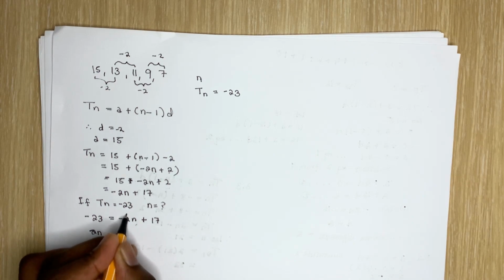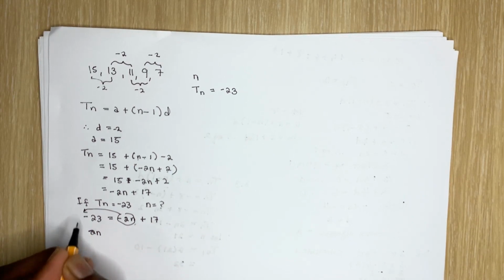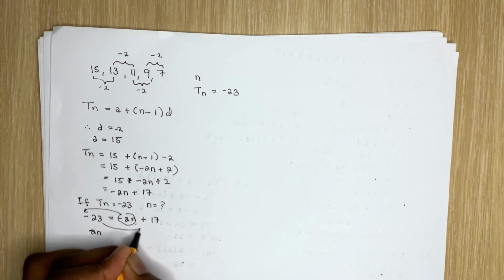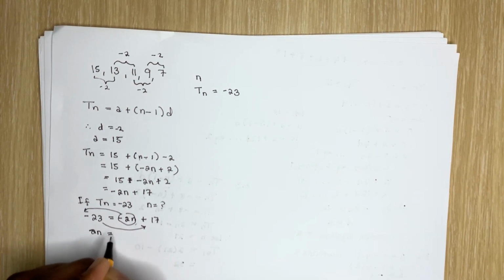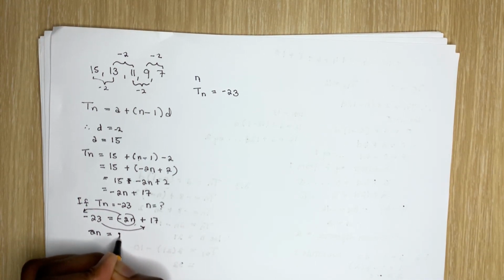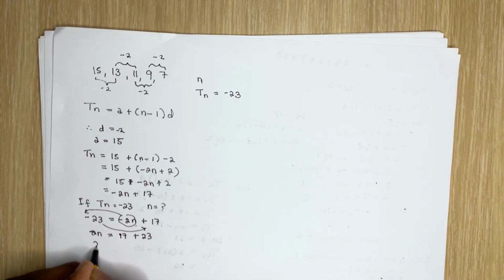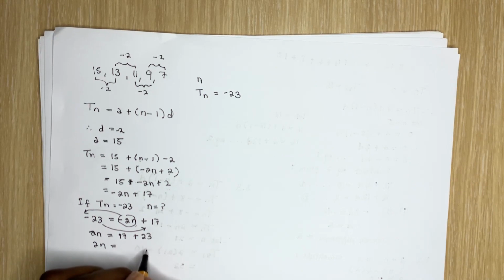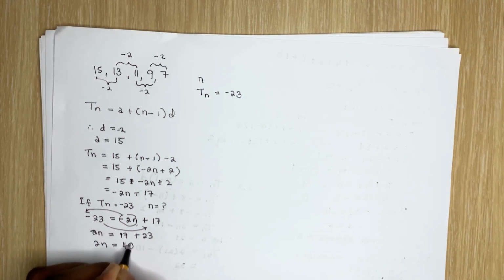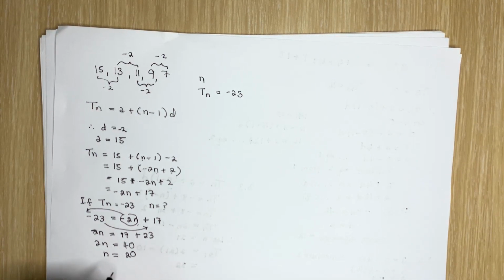We move 2n to this side, and we're going to move 23 to that side. Okay, so 2n equals 17 plus 23. 2n is going to be equal to 17 plus 23, that's 40. So n equals 20. Okay, so that is the final answer.